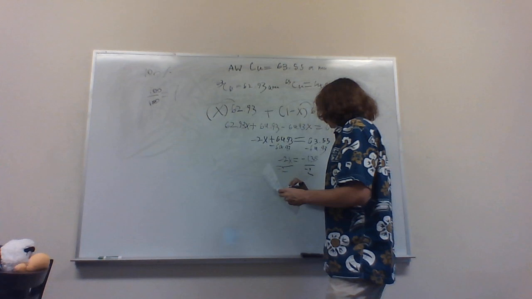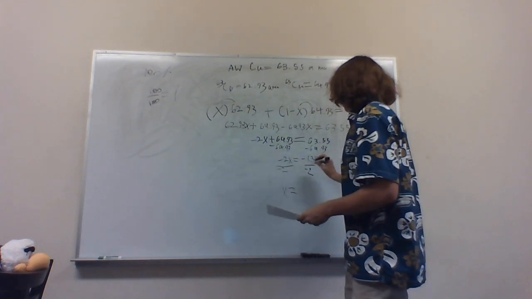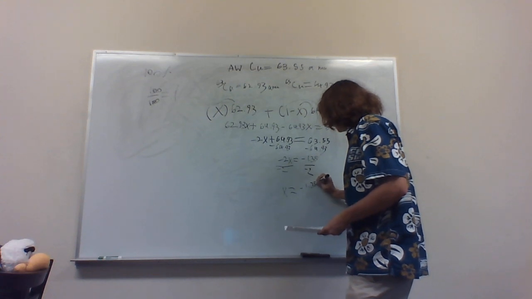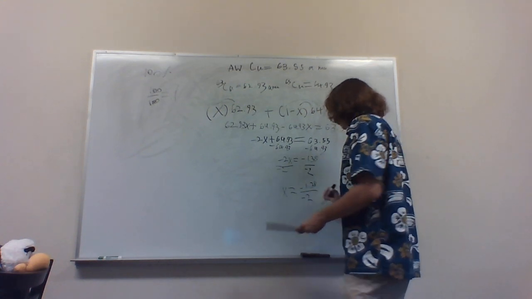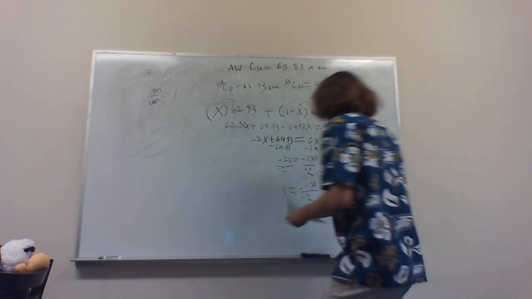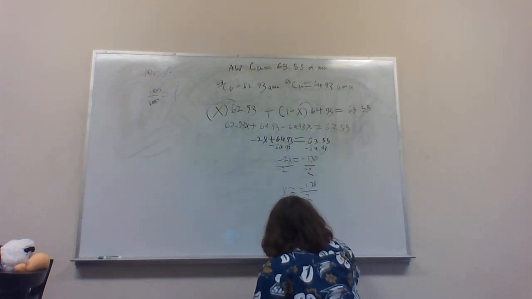So x is equal to negative 1.38 divided by negative 2. If you input that into your calculator, it gives you x equals 0.69.